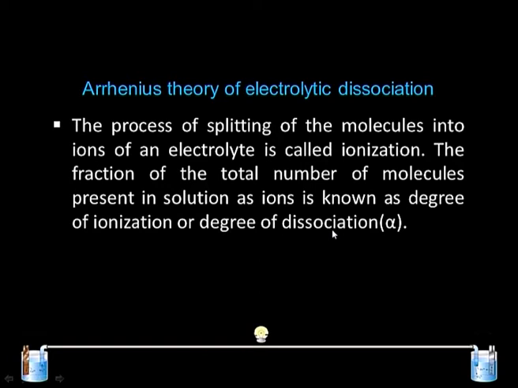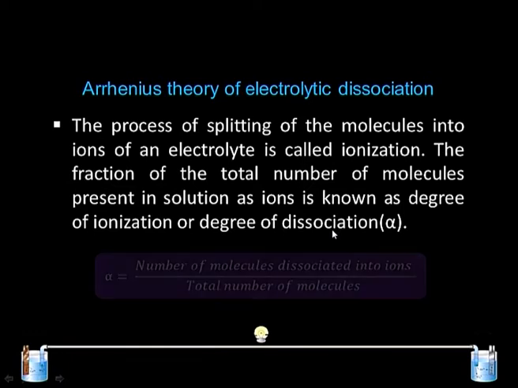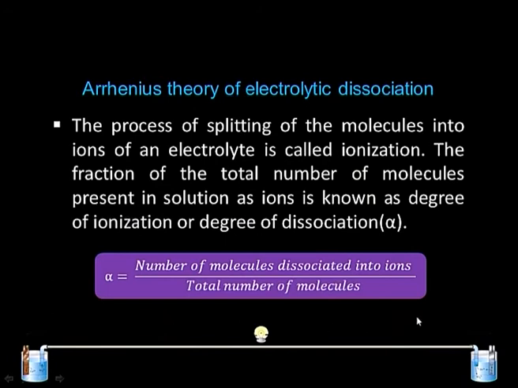We can understand this term as the fraction of molecules in the dissociated form to the total number of molecules, that is, the number of molecules dissociated into ions and the total number of molecules.